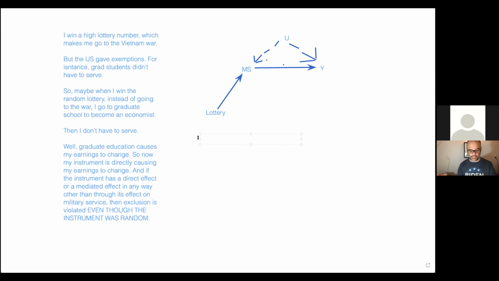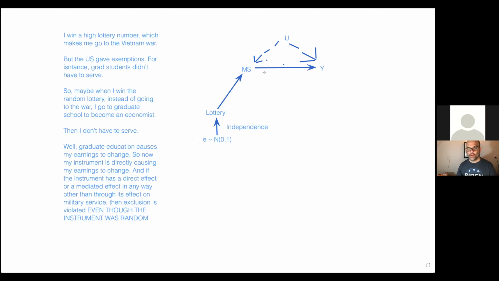Let's just say there's some random variable here and it's causing the lottery, right? So here we have independence. Independence only concerns itself with the lottery, not the effect of the lottery. All right.